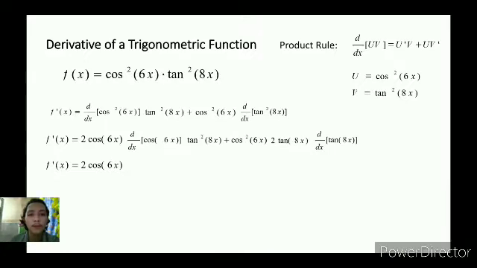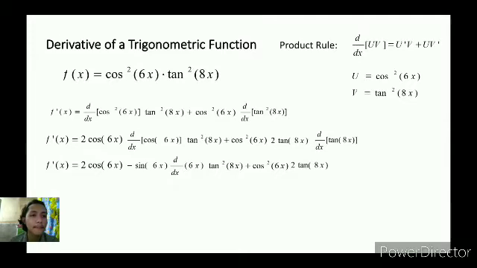F prime of x will now be equal to 2 cosine 6x and negative sine 6x, which is the derivative of cosine 6x, times the derivative of 6x, and just copy again tangent squared 8x plus cosine squared 6x. Also copy the derived form 2 tangent 8x. The derivative of tangent 8x is secant squared 8x times the derivative of 8x.